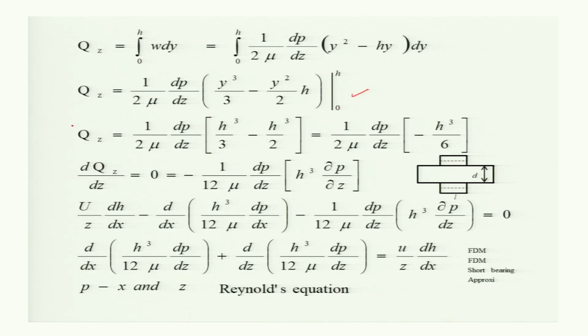Substituting that, we get Qz equal to this one. Now, considering the fluid as incompressible, we will have the condition dQz divided by dz is equal to 0. Substituting all this, we get a term given by this one.